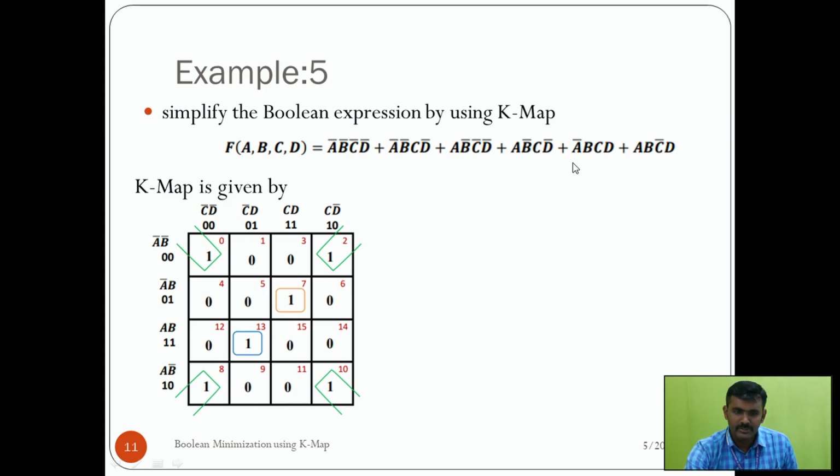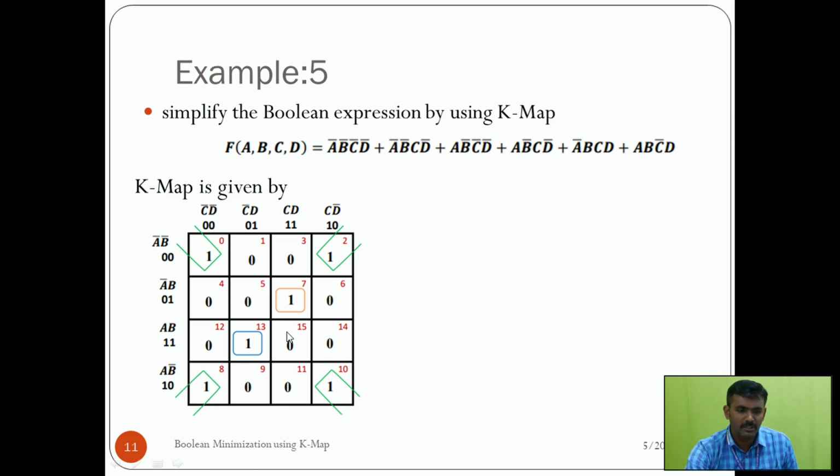Here. Similarly, a b bar c d bar, which means 1 0 1 0, which belongs to 10, so minterm 10 is also present. Then a bar b c d, which means 0 1 1 1, in the sense minterm 7. Then a b c bar d, which means 1 1 0 1, so 12 plus 1, 13 is present.